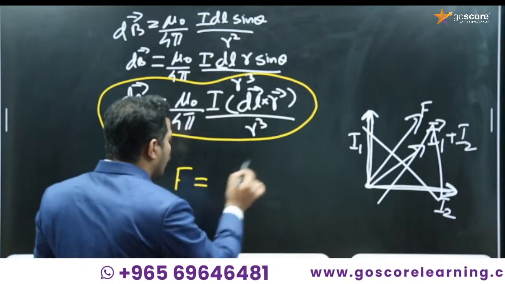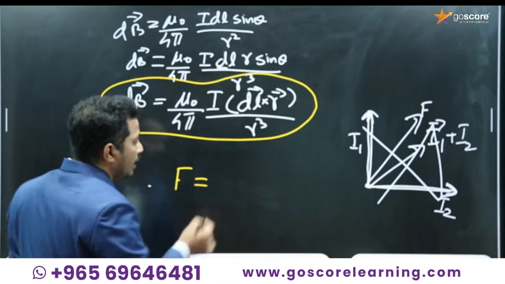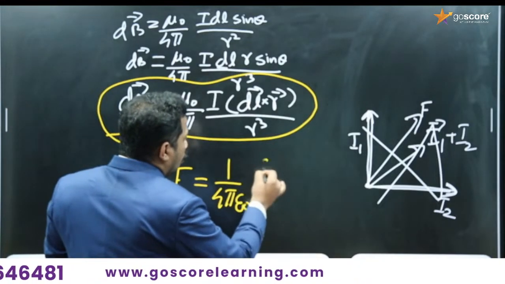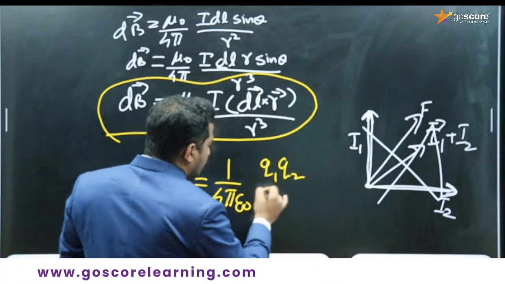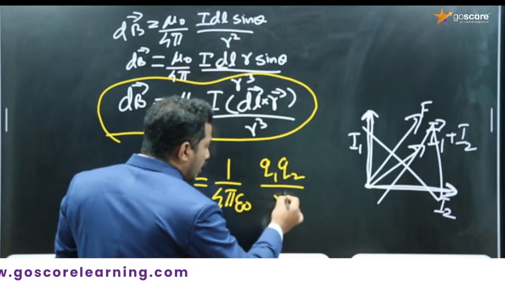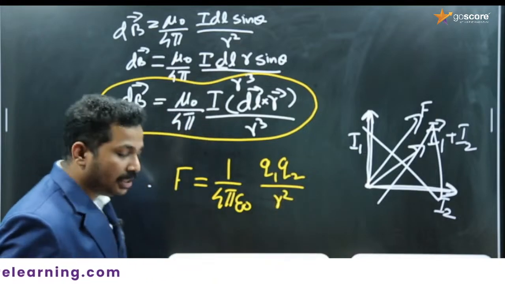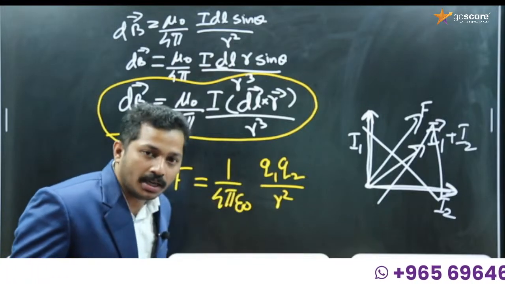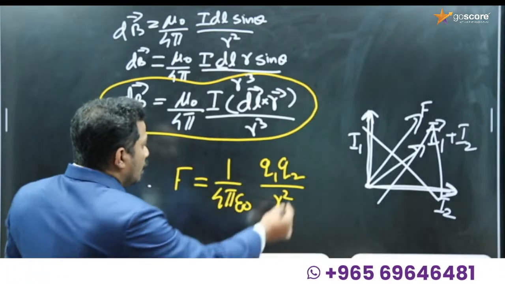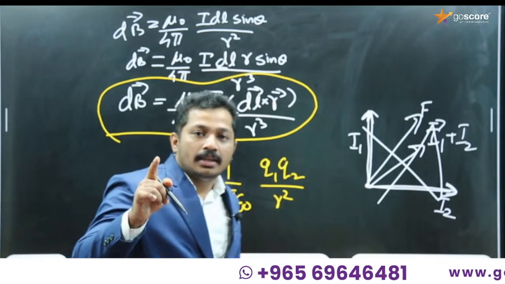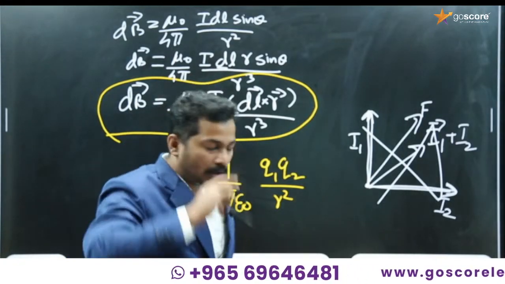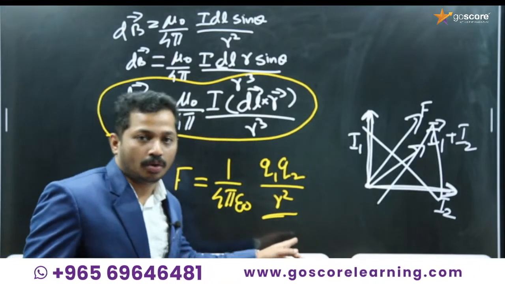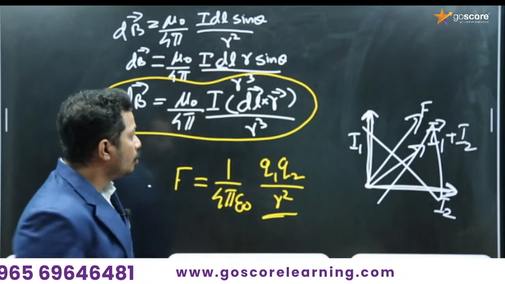If the charges are Q1 and Q2 and the separation between them is R, then the force is 1 by 4 pi epsilon 0 Q1 Q2 by R square, right? Coulomb's law is also stated as the inverse square law, because there is an inverse square dependence. So what about this one?